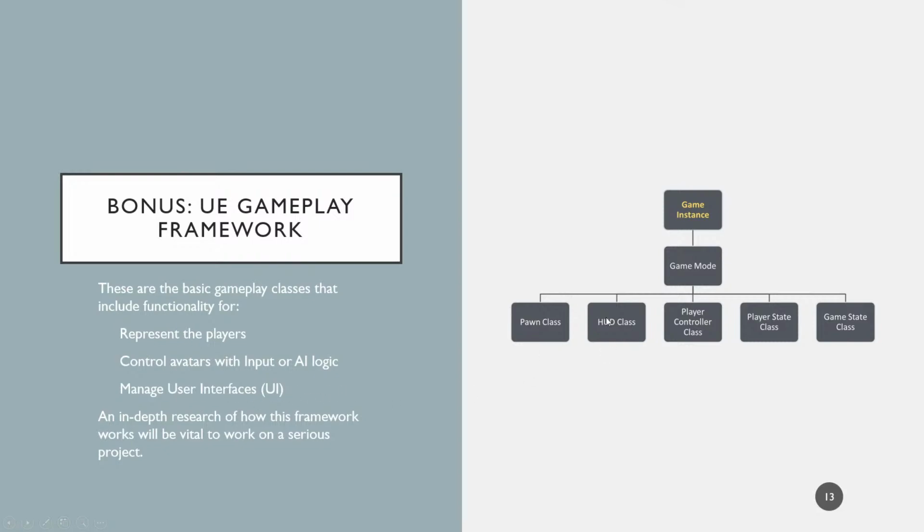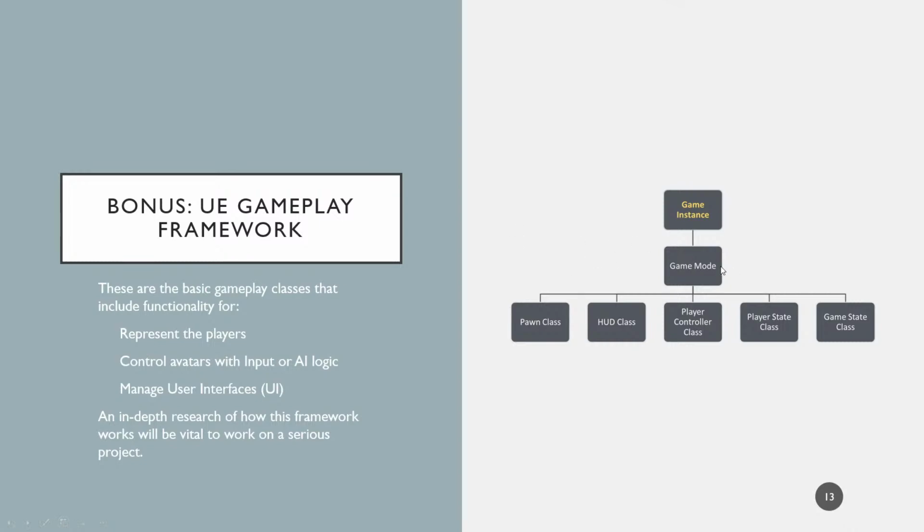That would be the HUD, if you want to manage the HUD specifically. Pawn class, actors that can receive input. Player controllers are the representation of the player that sends those inputs. Player state and game state are classes reserved for the networking part of the engine.